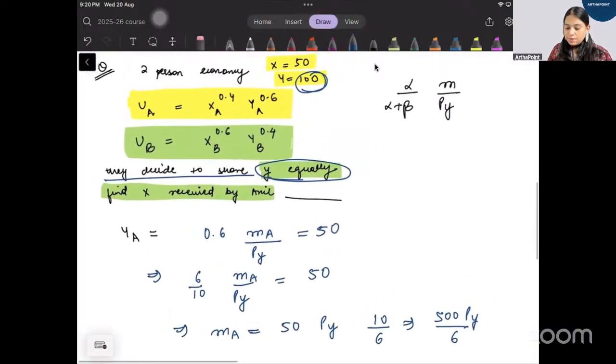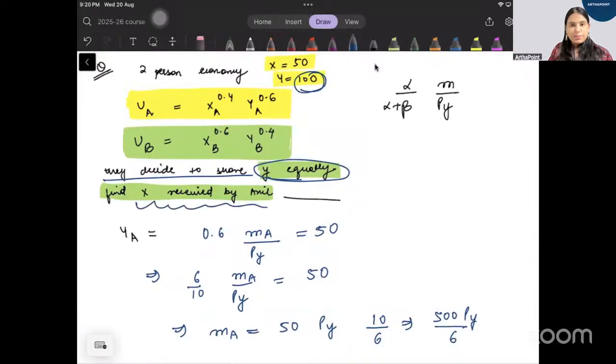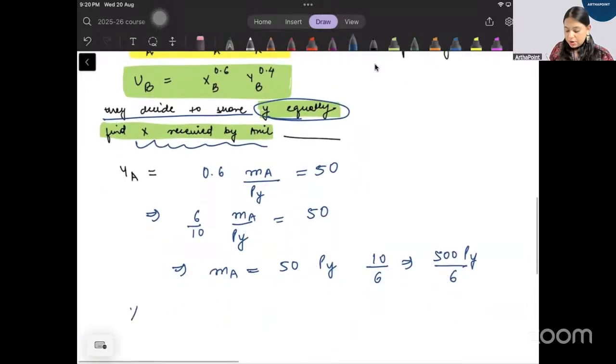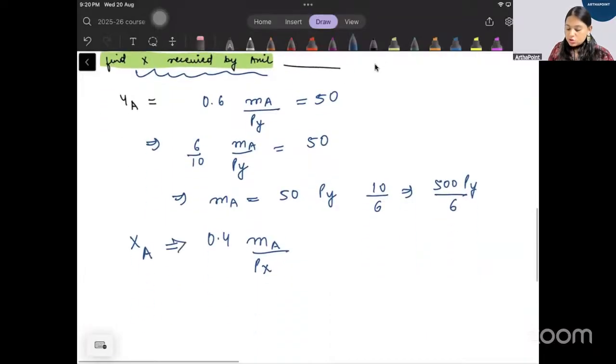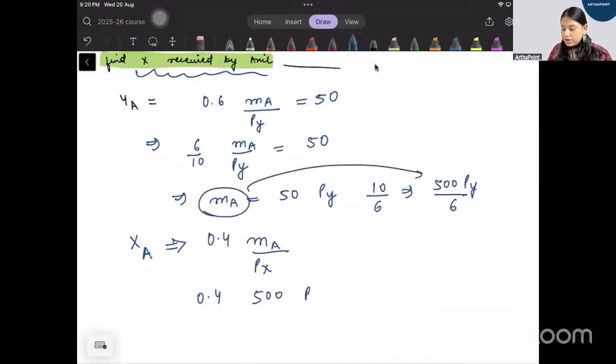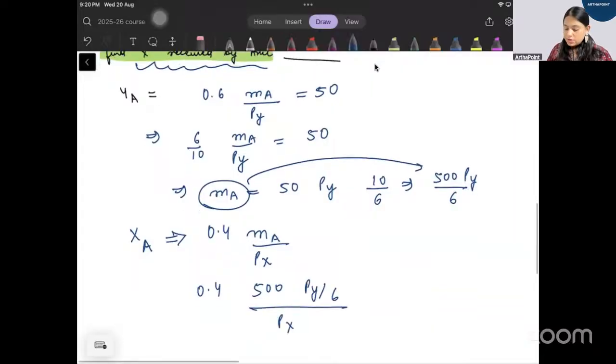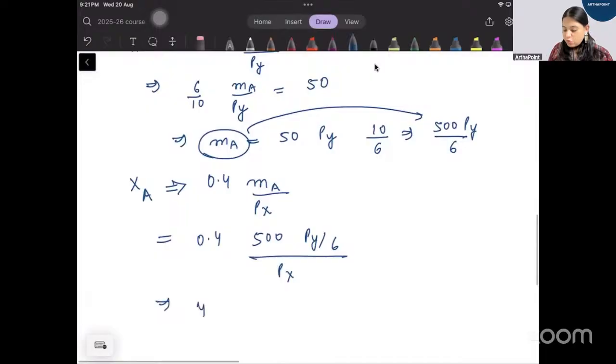Now we want to find X received by Anil. The amount of X received by Anil will be 0.4 of his income by PX. Instead of his income, I can put this value, 500 PY by 6. So it will be 4 by 10, 500 by 6, PY by PX.